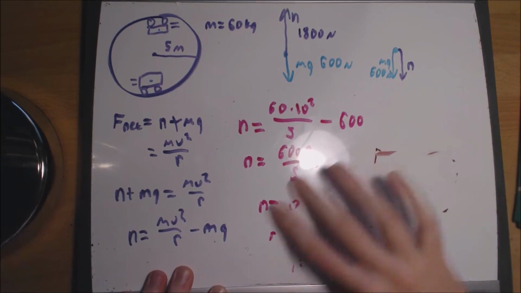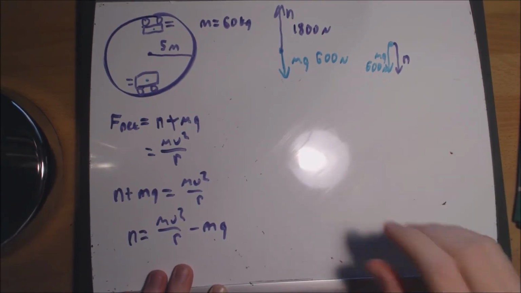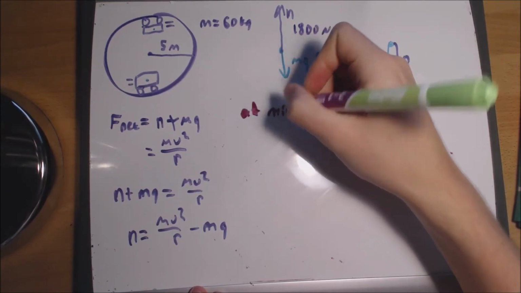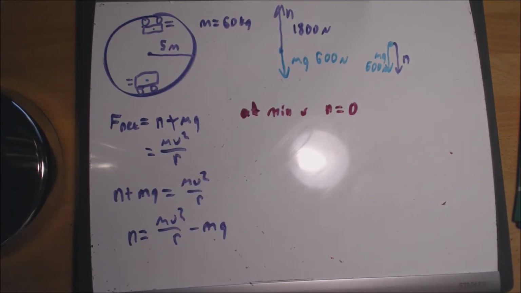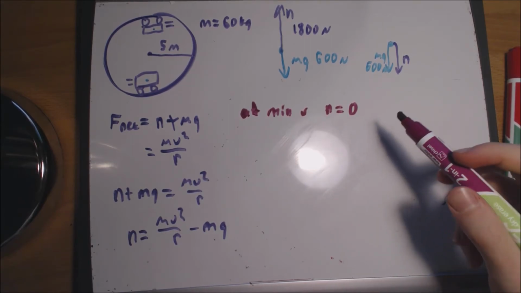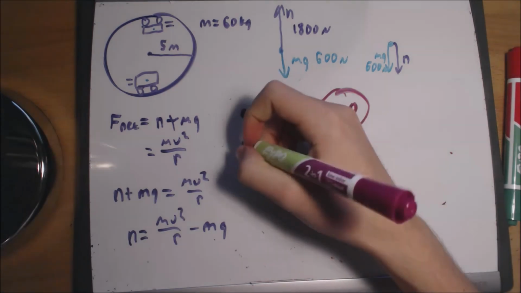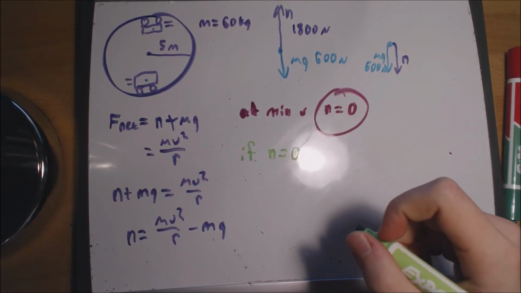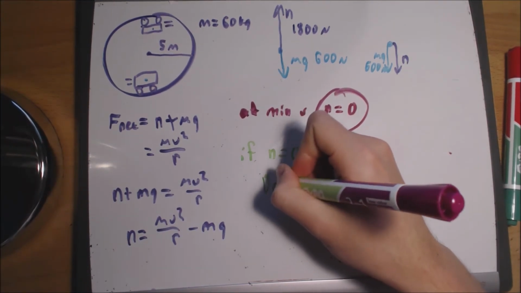So at the minimum velocity, N equals 0. And we were just talking about how your perception of weight is based on your normal force. So if normal force is 0, he feels no weight at all. The driver feels weightless.